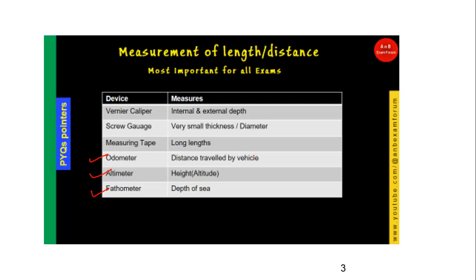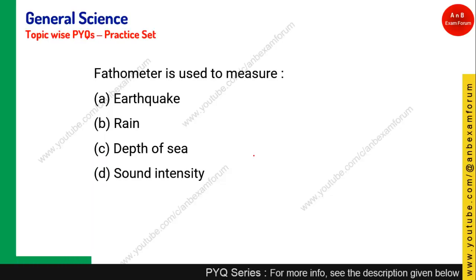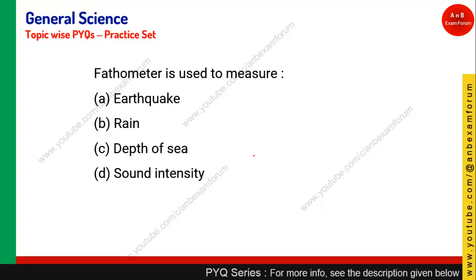So the next question is, fathometer is used to measure what? Just now we have seen in the measurement of length, the device is for the depth of the sea. So fathometer is used to find the depth of the sea.